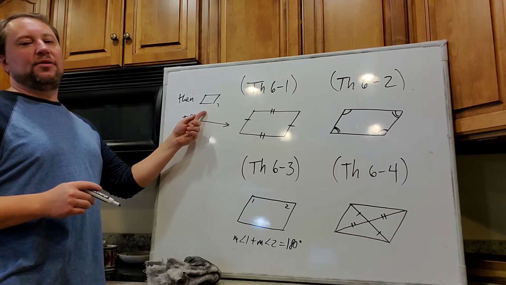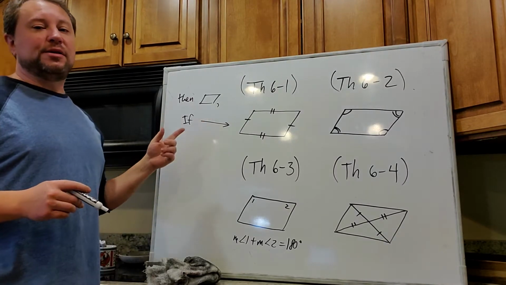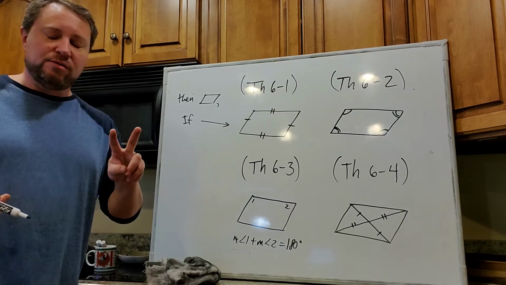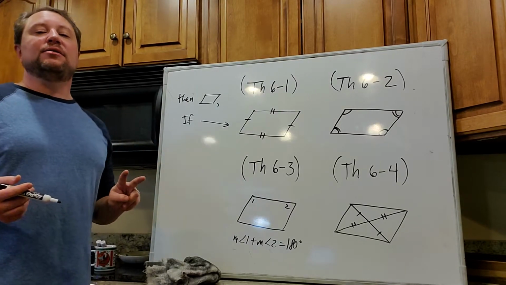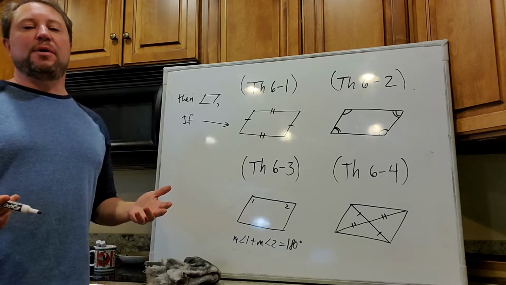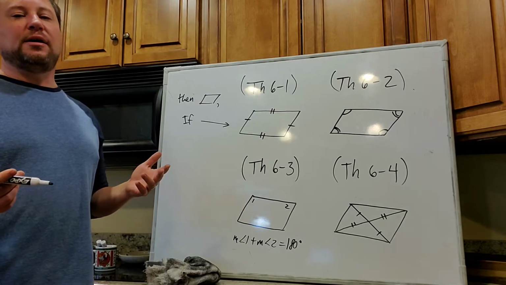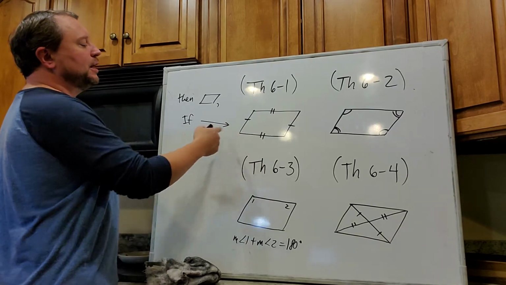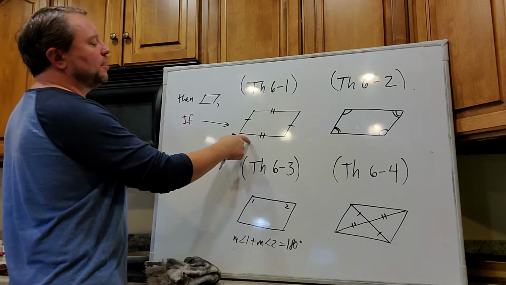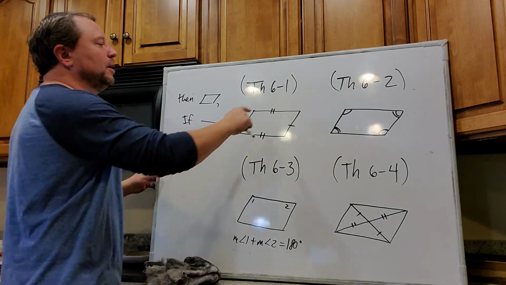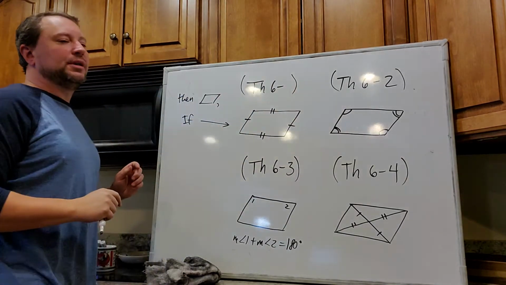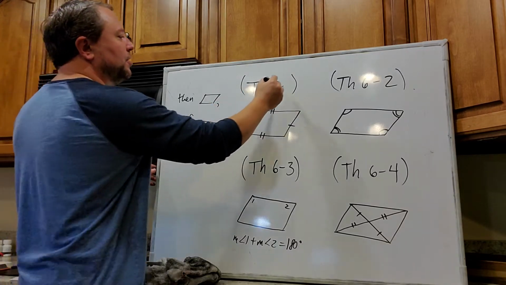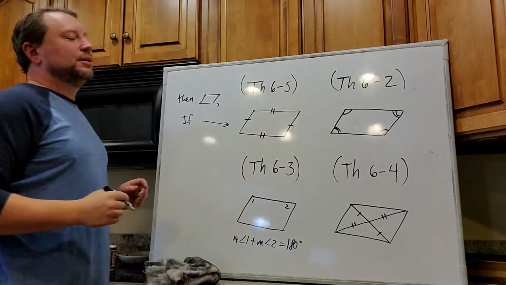They're all going to say then it's a parallelogram, because that's what the title of this section, section 2 of chapter 6, is: proving quadrilaterals are parallelograms. Now when we use this idea in reverse and say, if the opposite sides are congruent, then it's a parallelogram, it's no longer theorem 6.1. It is now our first new theorem of this section, theorem 6.5.